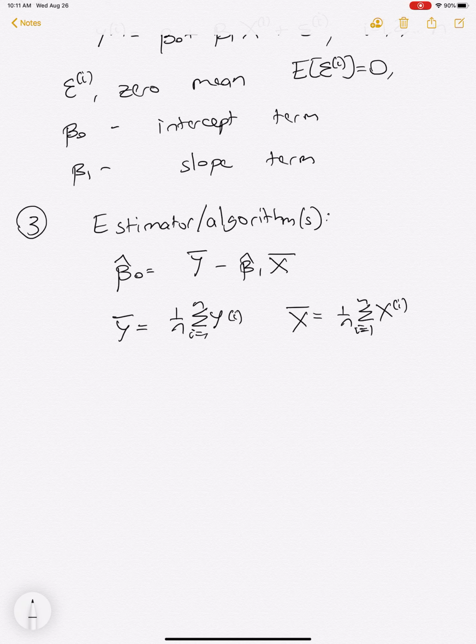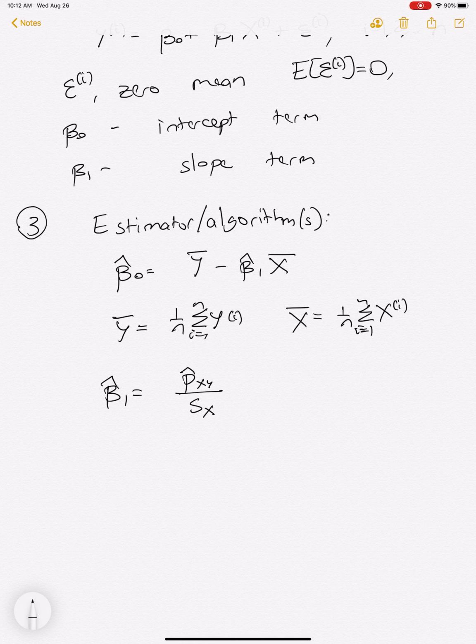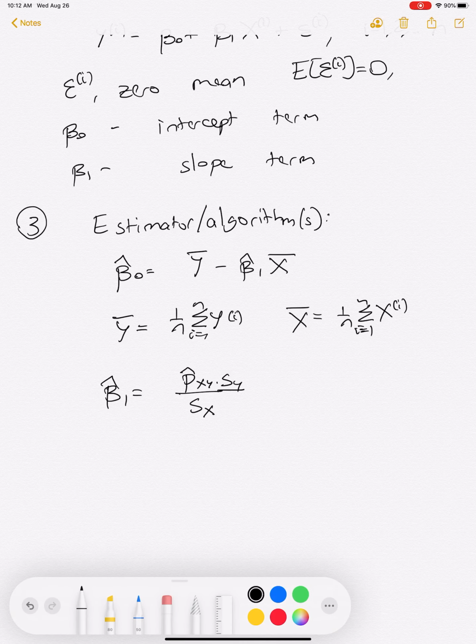That's something you hopefully remember from the regression line. And therefore it satisfies this equation for beta hat 0. And then for beta hat 1, again, if this isn't familiar to you, you can look it up. What we have is that this is equal to rho hat. Let me just write it this way.